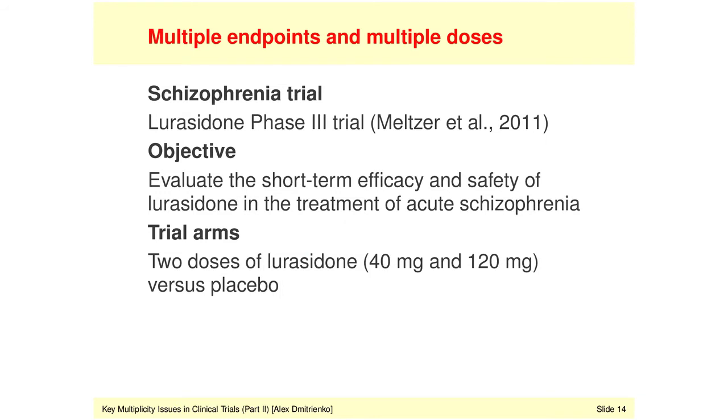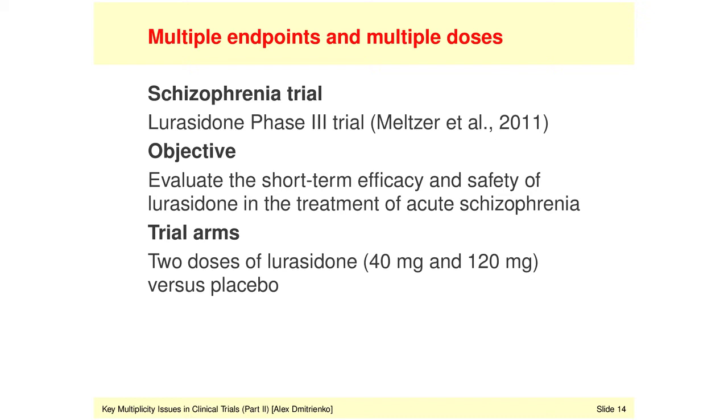Example 3. Moving on to example 3, this phase 3 clinical trial provides an example of a more general multifamily problem. You may remember that an example used in part 1 was also based on a clinical trial from the lurasidone phase 3 development program in schizophrenia.